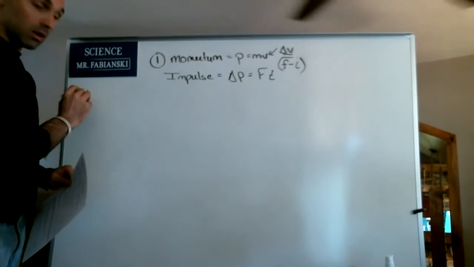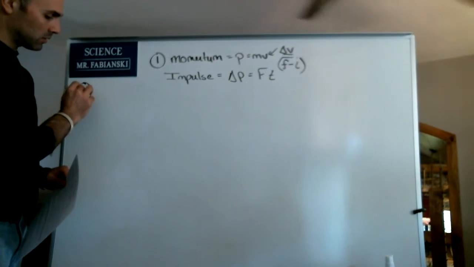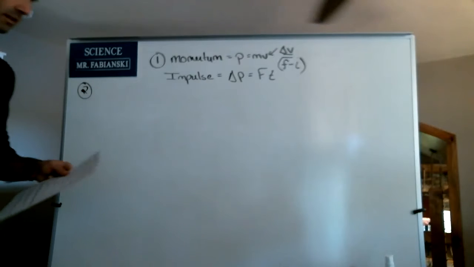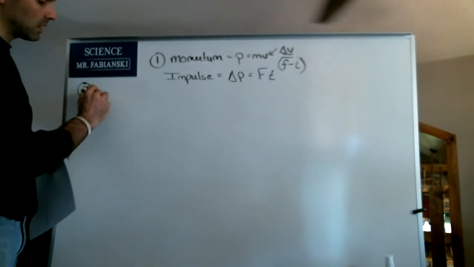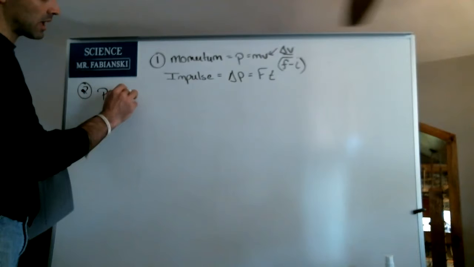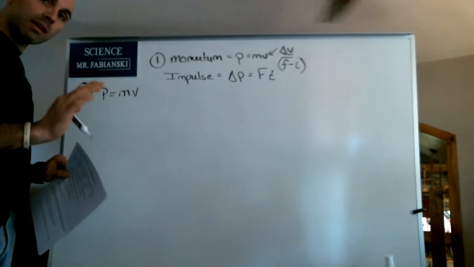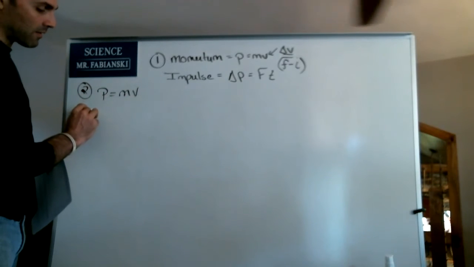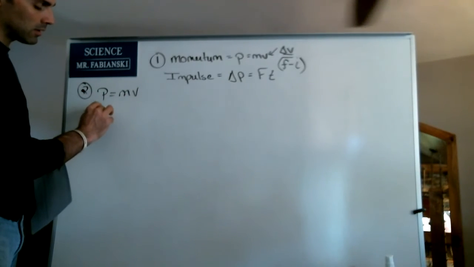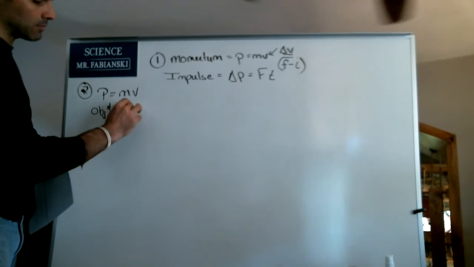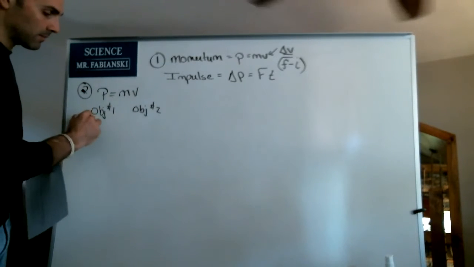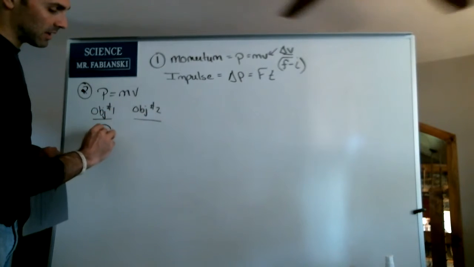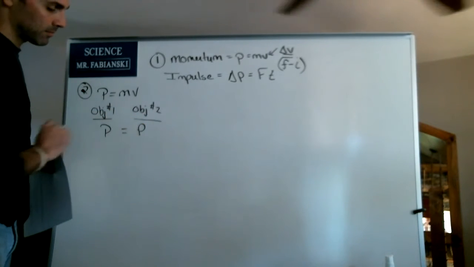Number two, relationship between mass and velocity with regard to momentum. So we know that P equals mv. Think about this. If you have object number one and object number two, both have the same momentum.